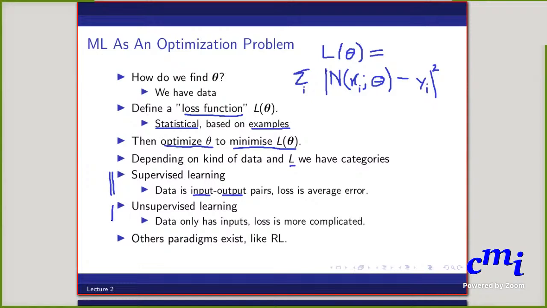And then we have unsupervised learning, where the data has only inputs, and we're interested in things where the loss is not just the distance from the expected value, but more like how closely we are separating two kinds of data and so on.